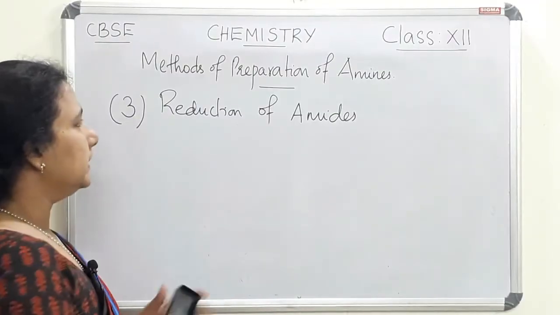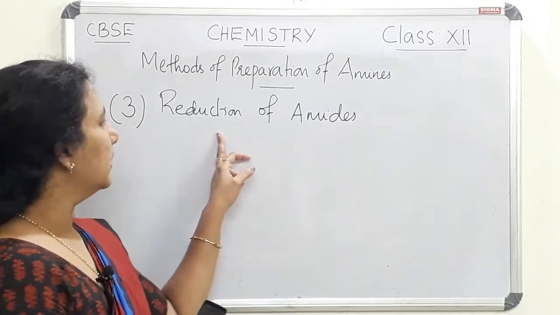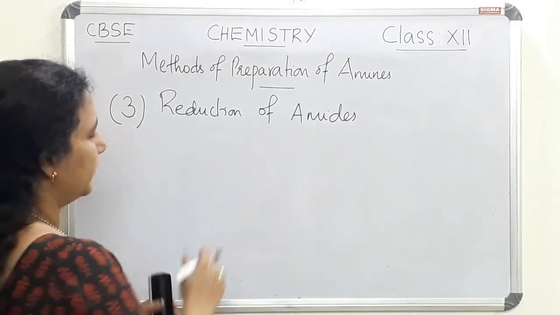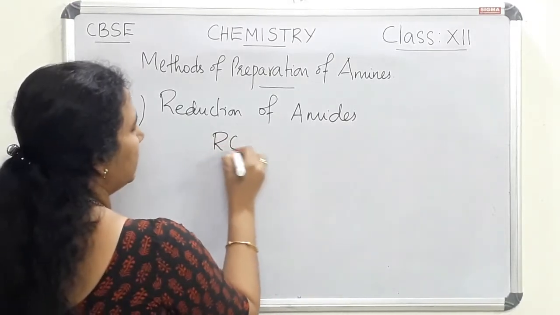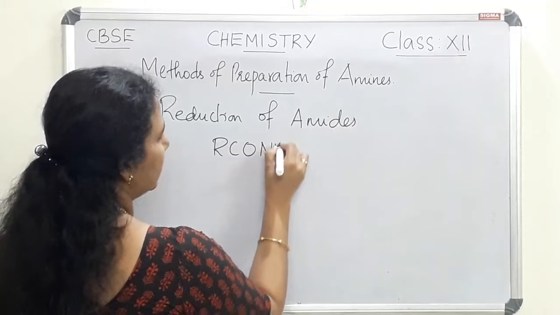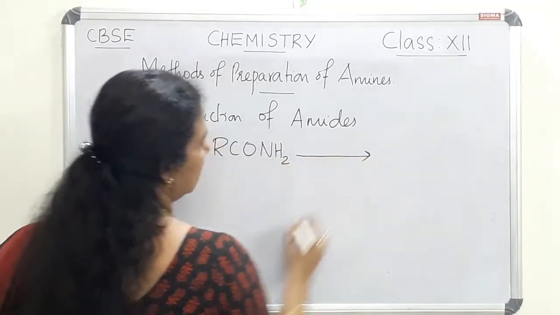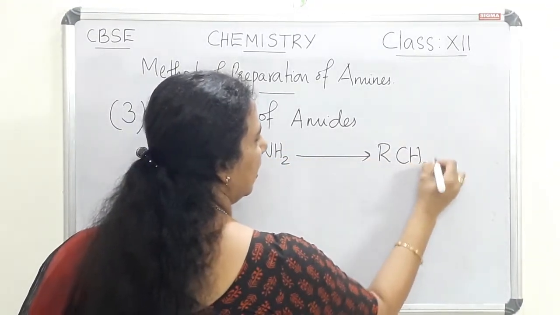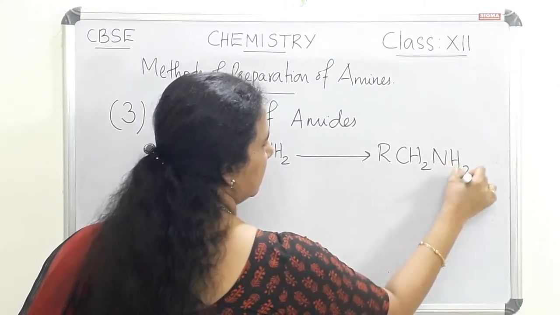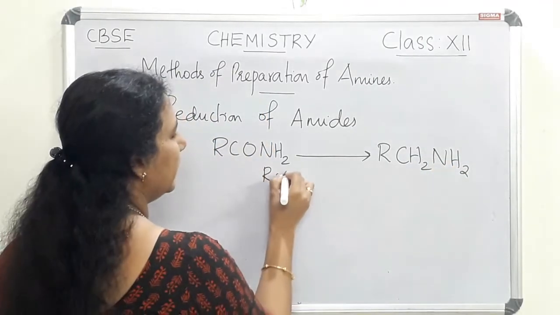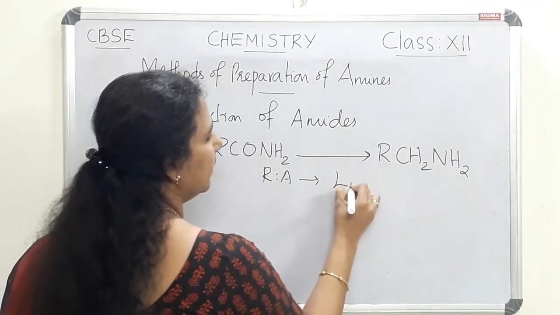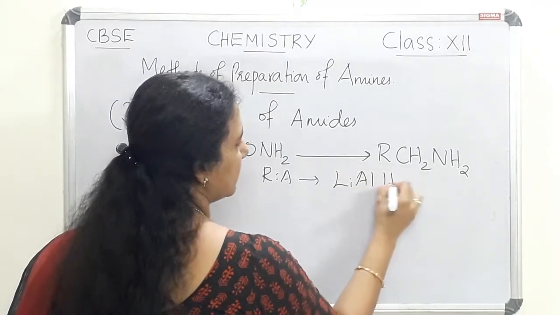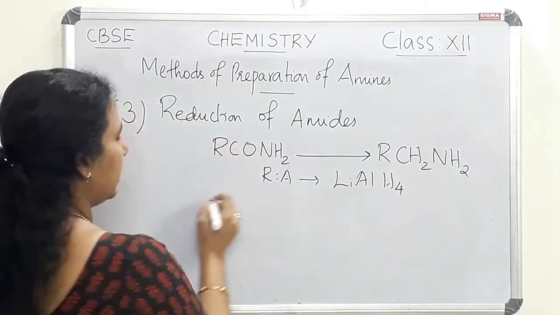So the third method of preparation of amine is reduction of amides. So amides can be written as RCONH2. This is reduced to the corresponding amine. In this case also the reducing agent is lithium aluminum hydride. So let us write one example.